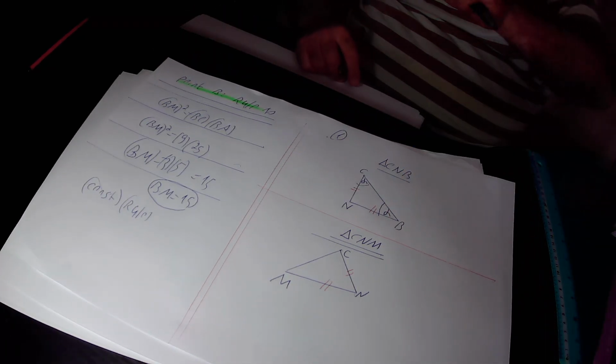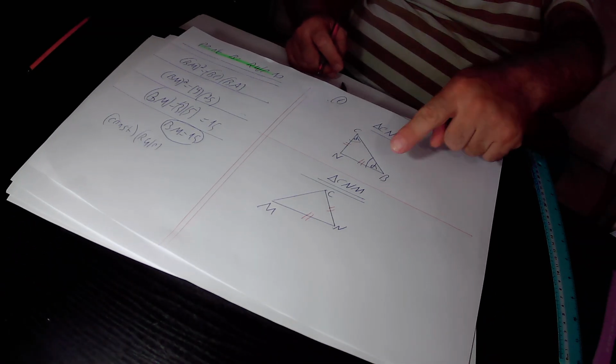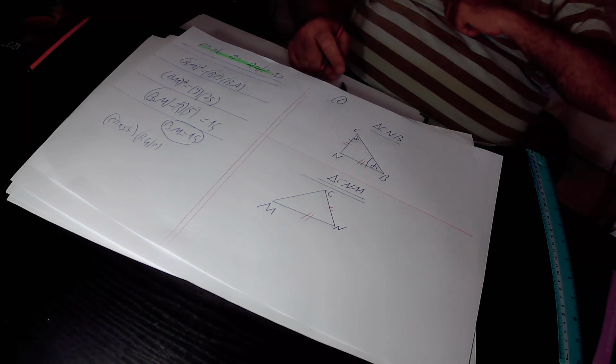So this is triangle CNM that I got from the original drawing. In this triangle CNM, side CN equals side NM according to rule 2.